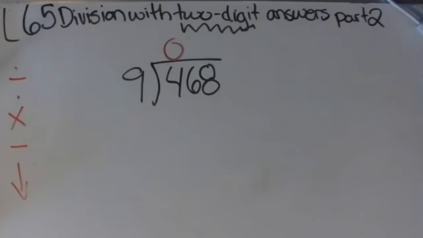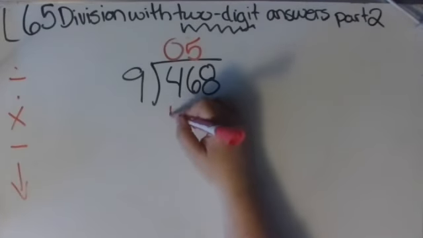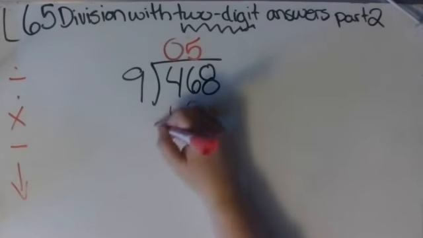Nine, 18, 27, 36, 45. There we go. Okay. 9 times what? or 9 goes into 46 how many times? It goes in 5 times, which is 9 times 5 is 45.